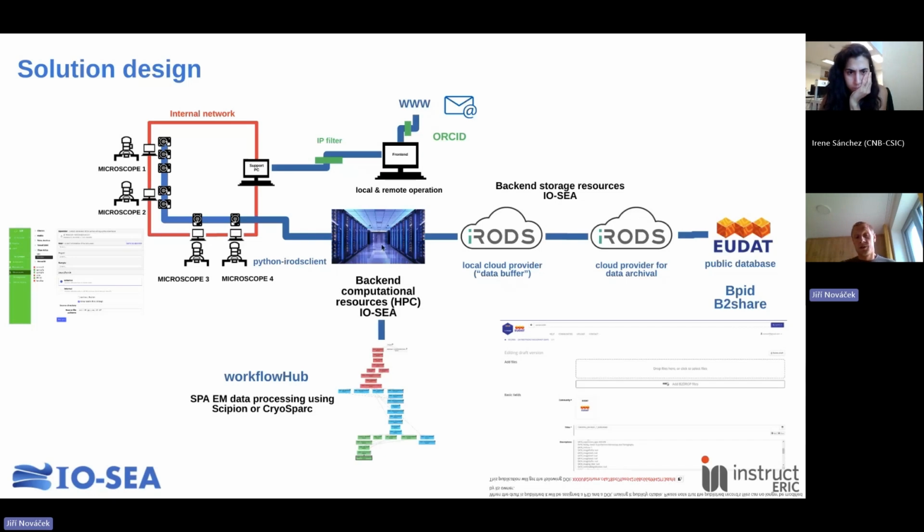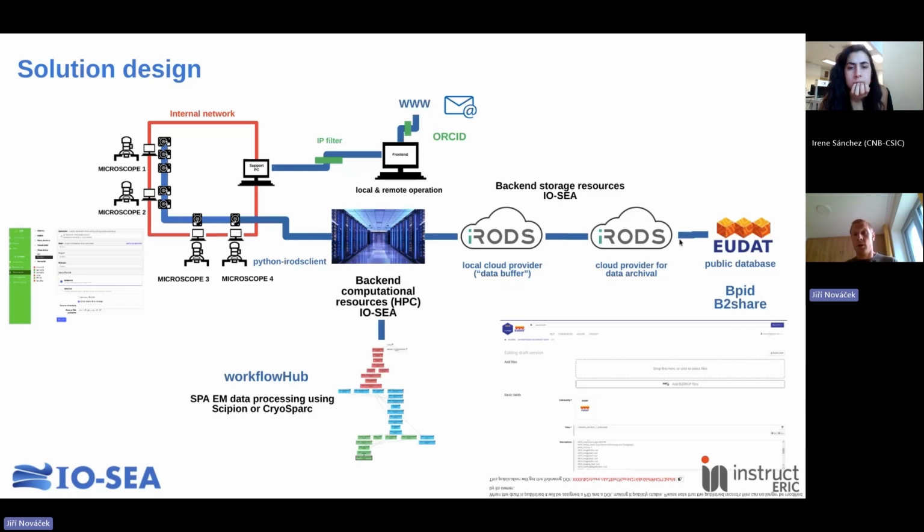Once the data analysis is finished, or directly at the start of the experiments, the links or the way to get to the data are shared with the user via email, and the user can either start working on the same HPC if they have access there, or download the data and continue the data analysis on their own.